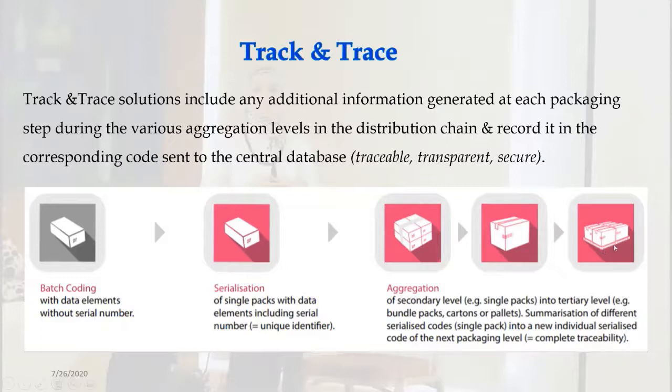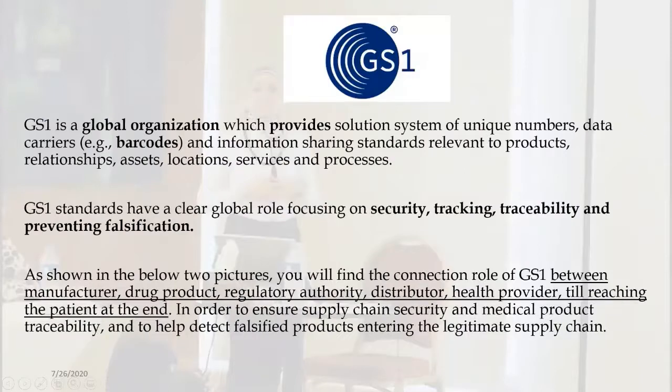Or for exportation purposes, we will use pallets for transportation. So we have to maintain the level of aggregation during the distribution chain in order to confirm that the serialization will be maintained during the life cycle of the product till it reaches the patient.